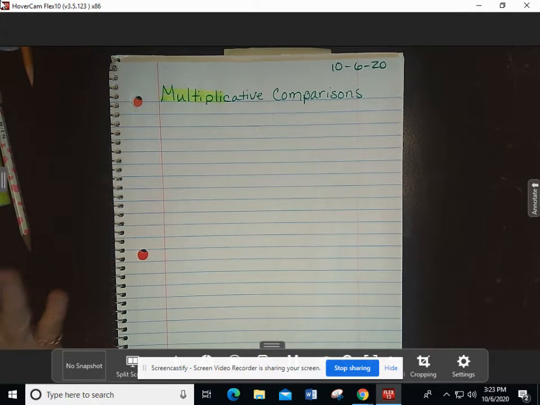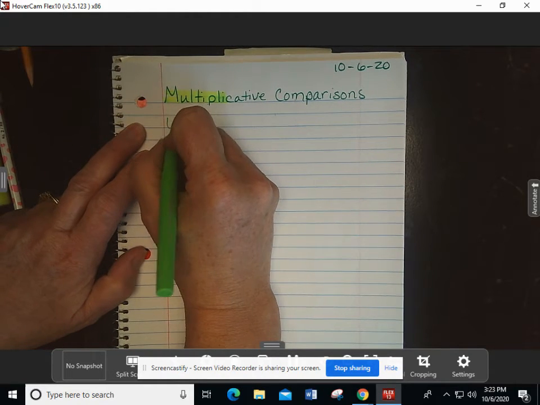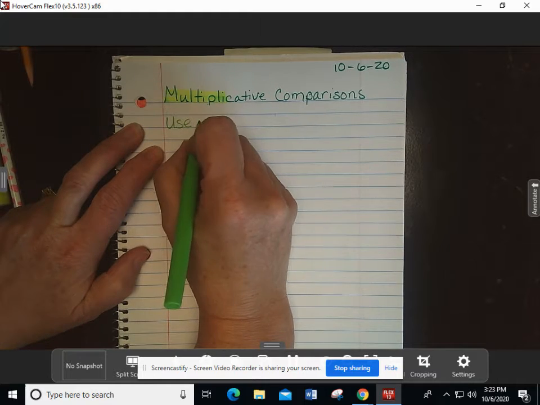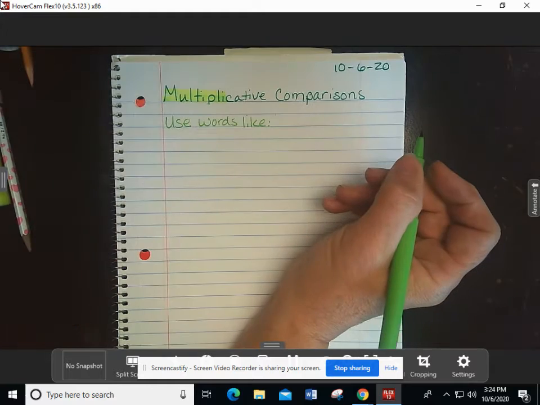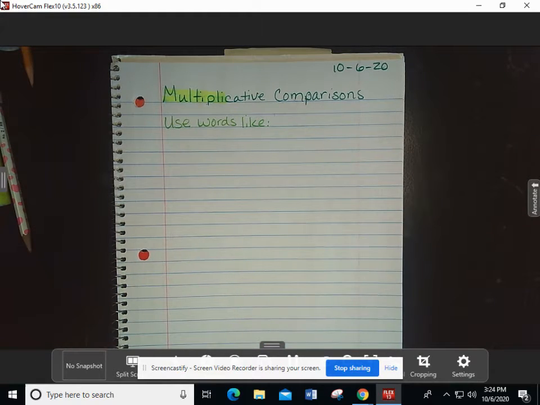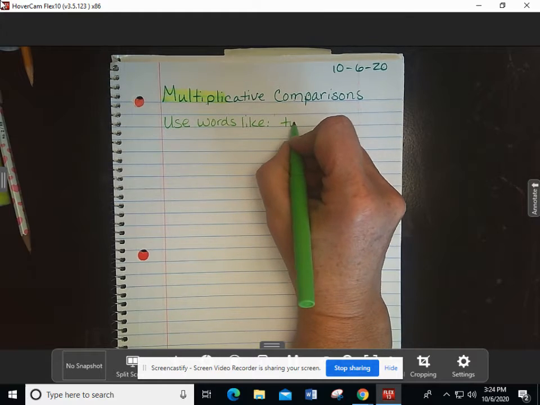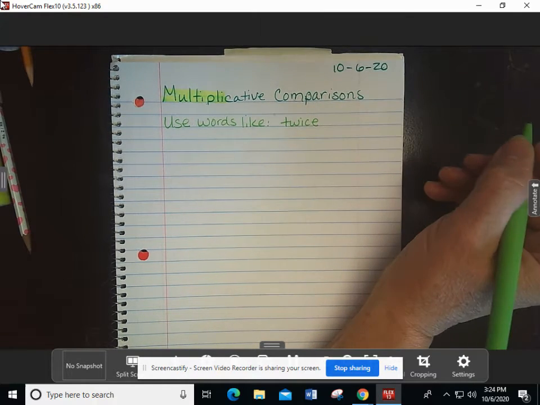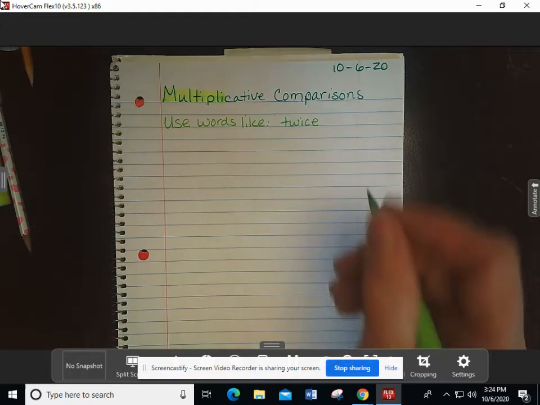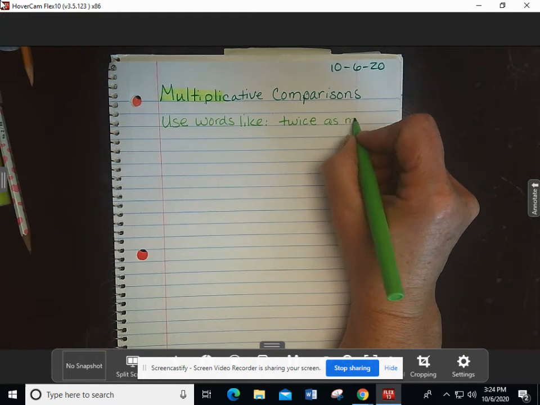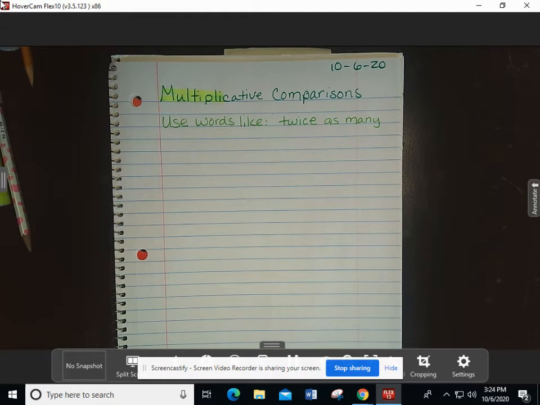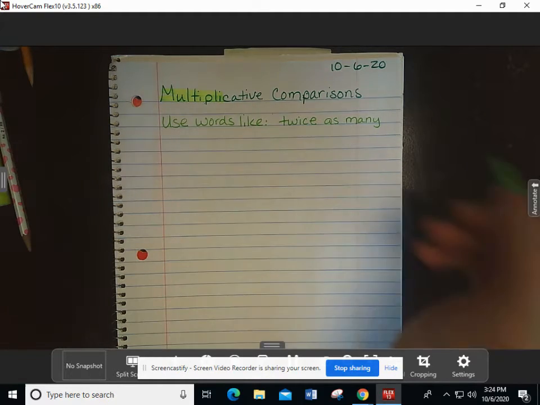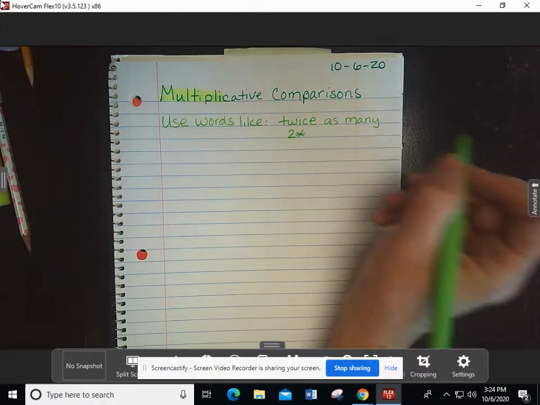So first of all, you need your math journals. You're going to be copying this stuff down. So when we are using multiplicative comparisons, we're using things like the word twice, or twice as many. When we're talking about twice as many, what are we multiplying by? I hope you remember that we're multiplying by 2.